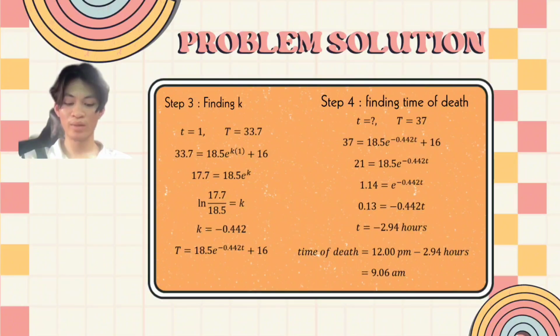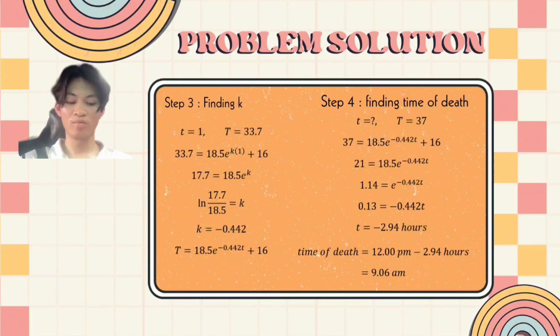Solving it, we get K equals negative 0.442. Then substitute the value of K into the latest equation. We get T equals 18.5e to the power of negative 0.442t plus 16. This is the equation to solve our problem.